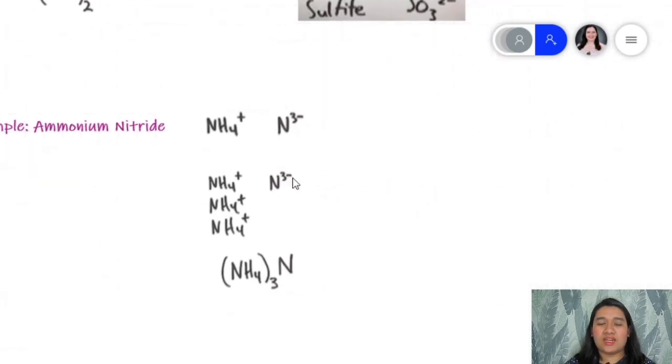So N3 negative. Since we have lesser NH4, or ammonium, we will add more ammonium to balance it with nitrogen, which has a 3 negative charge. So we add 2 more: NH4, NH4, 1, 2, 3. This is already 3 positive and 3 negative. So they are already balanced.